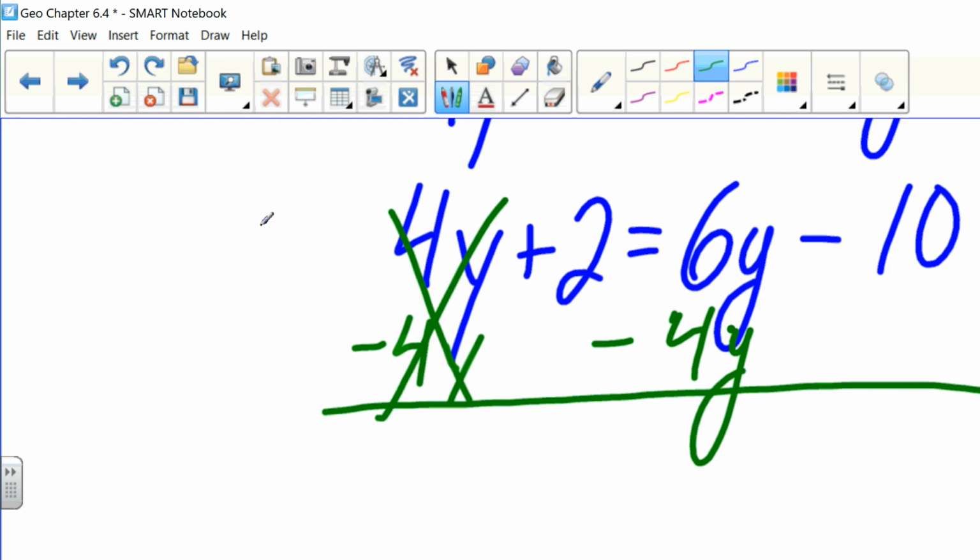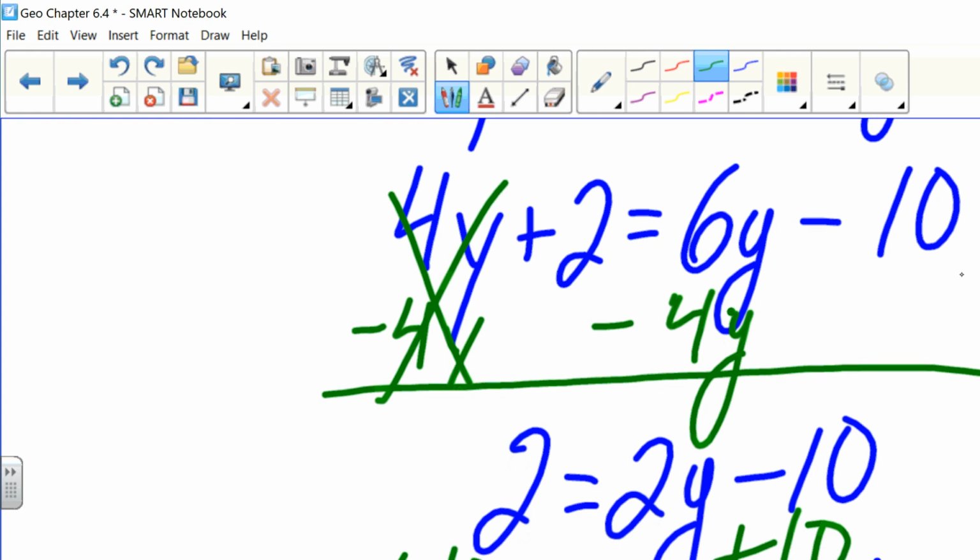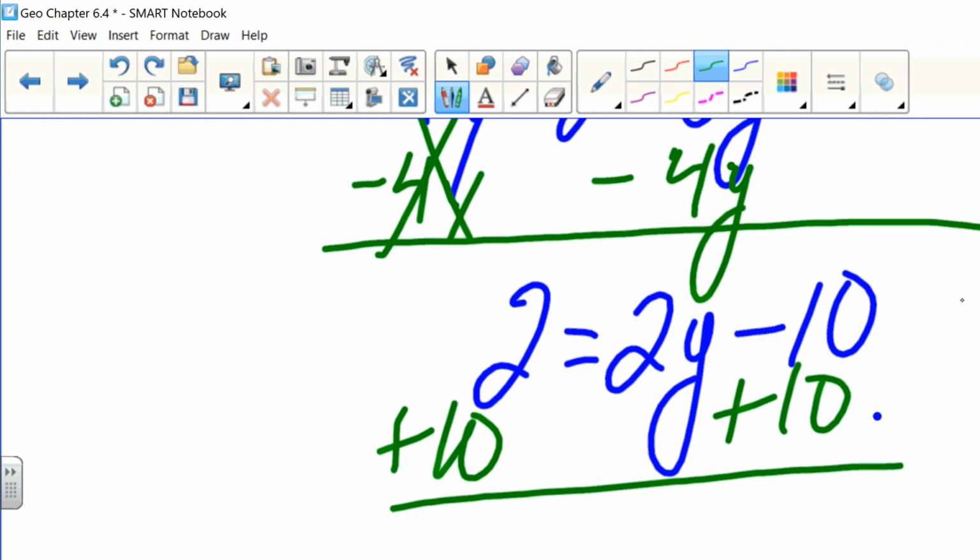The 4y minus 4y will cancel, leaving us 2 equals 2y minus 10. So, add 10 to both sides. 12. So 2y is equal to 12. Divide both sides by 2.